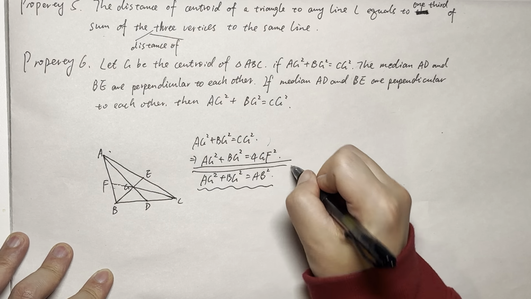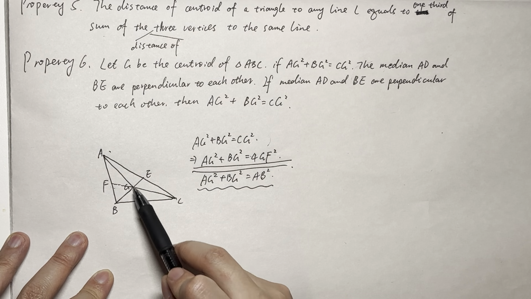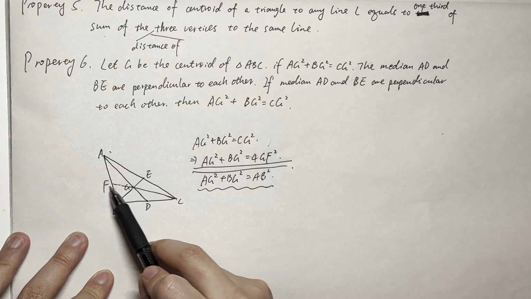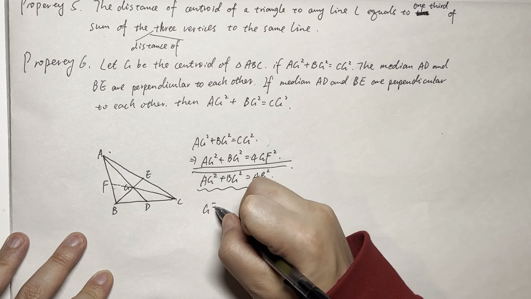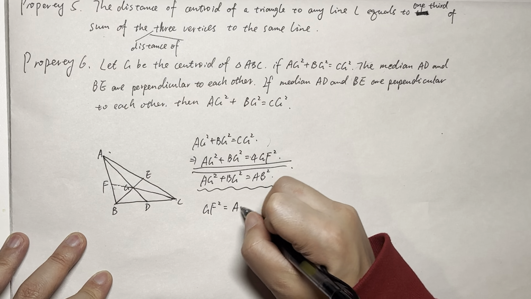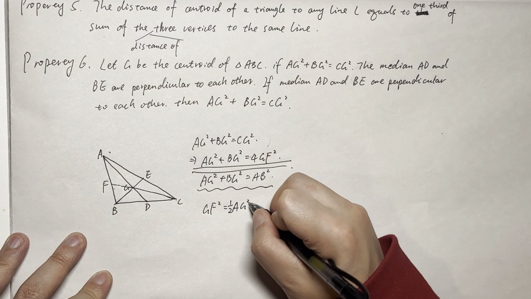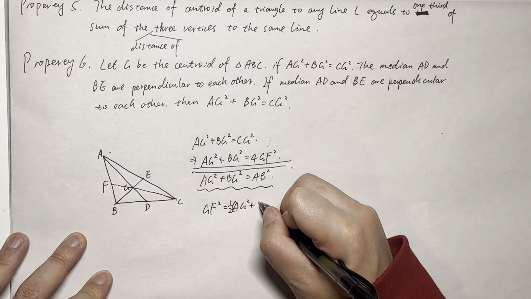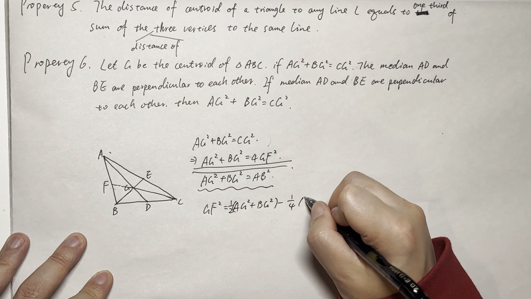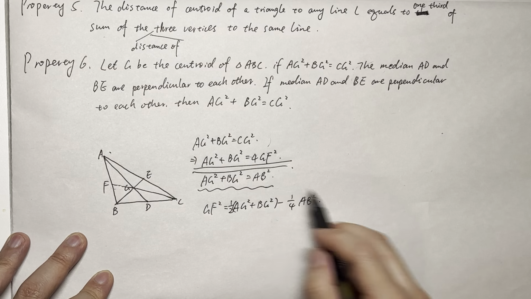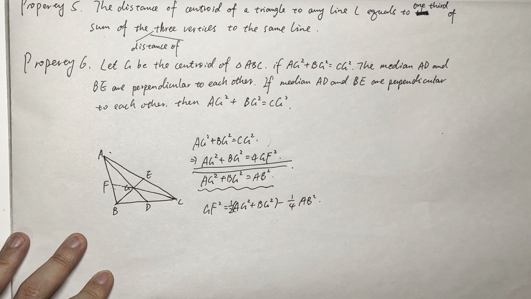Look at this. AG squared plus BG squared equals 4GF squared. And we already know that GF squared equals half of (AG squared plus BG squared) minus 1/4 AB squared, right? That's from Stewart's theorem.